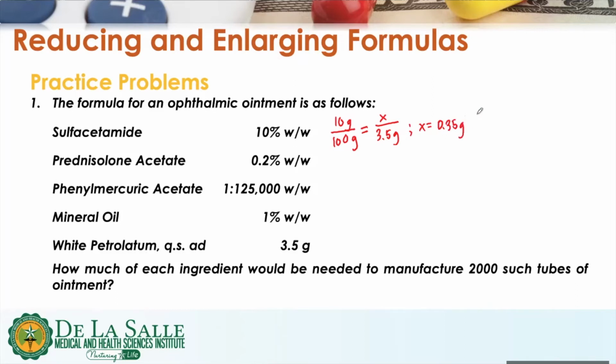Another way by which you can perform this operation is by dimensional analysis, because 10% weight in weight means 10 grams of sulfacetamide are present in 100 grams of the ointment.